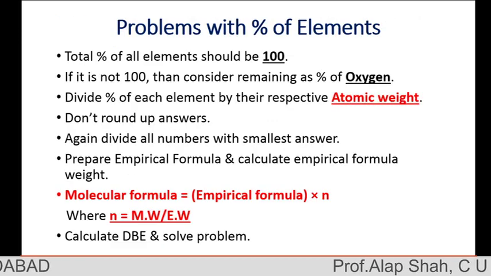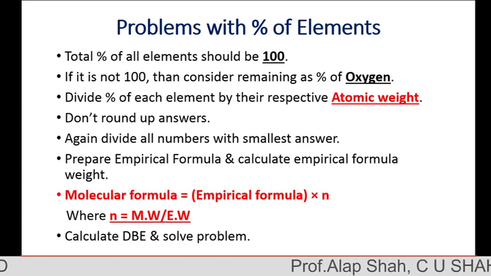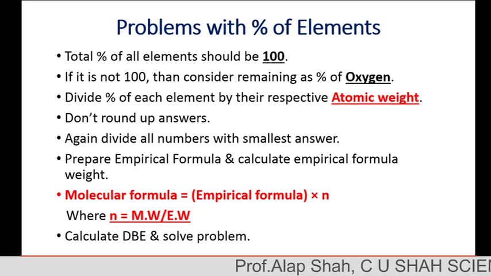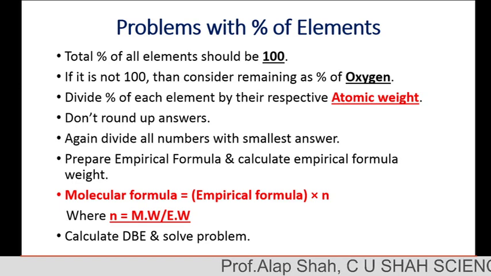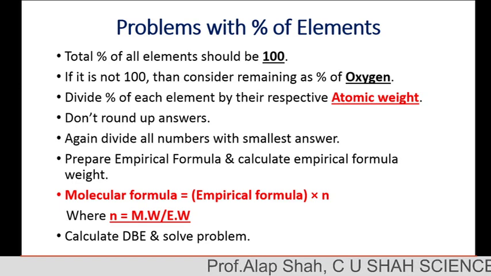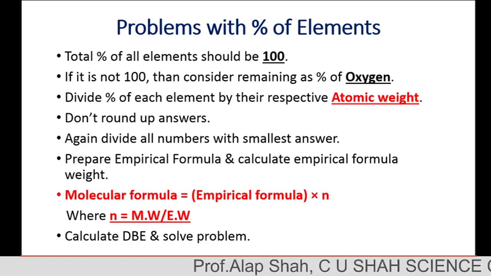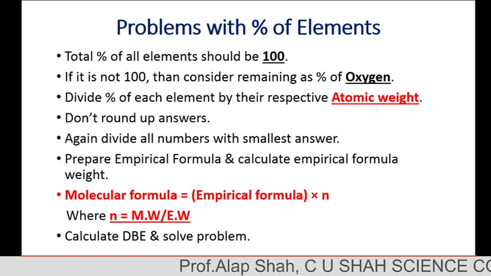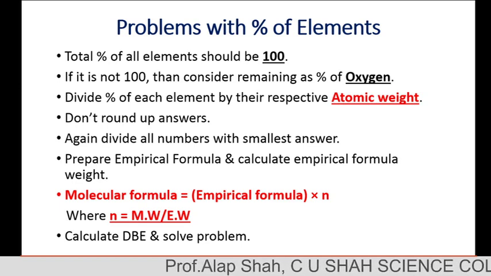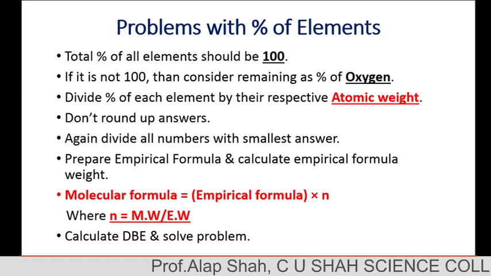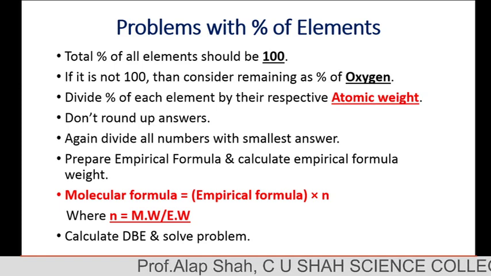The first point is that you must check the total of the percentage proportions of the different elements, and it should be 100. If it is not 100, then consider the remainder to be the percentage proportion of oxygen. Next, divide the percentage proportion of each element by its respective atomic weight.